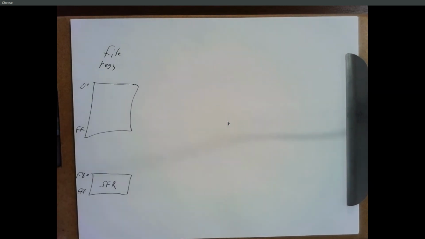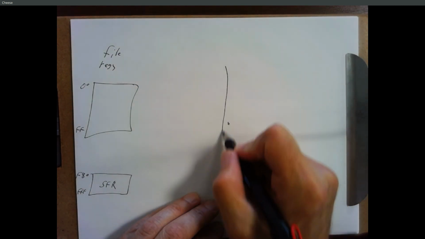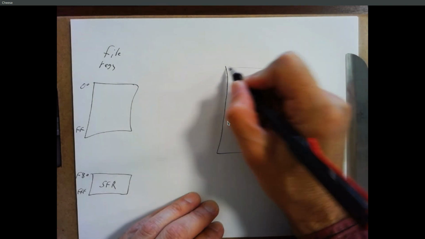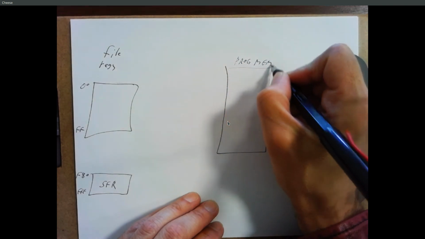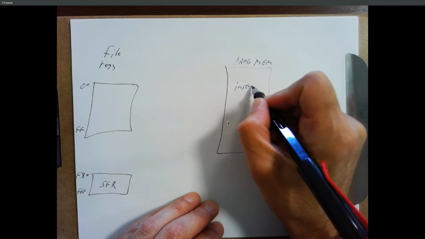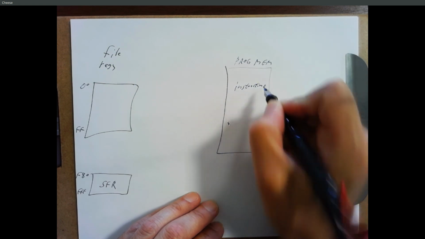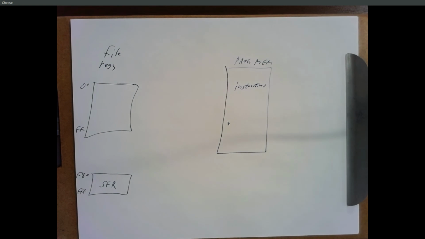And these are the things that we increment, we compare, we add, and so on and so forth. But there's a whole separate memory, which is program memory. And this is where we store our instructions. And they're physically separate banks of registers.